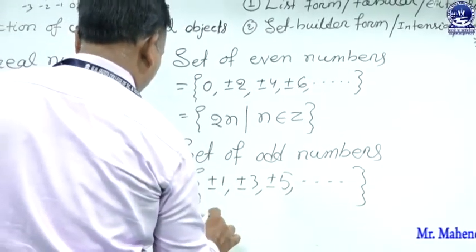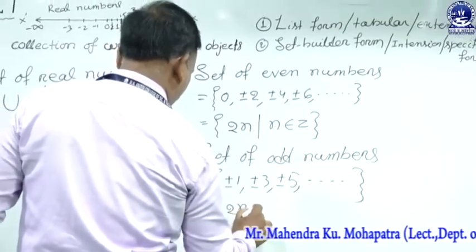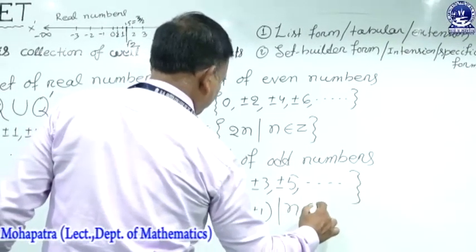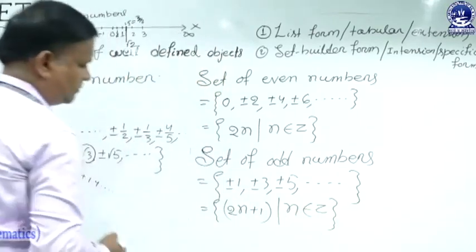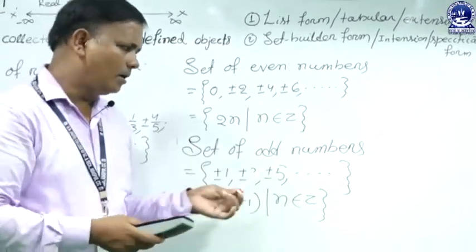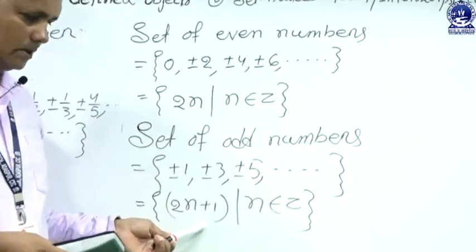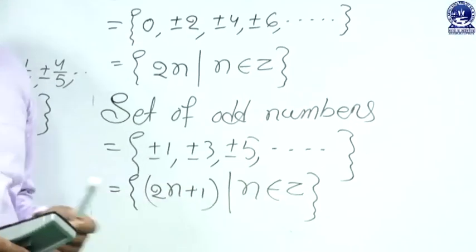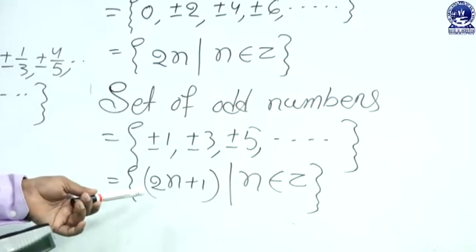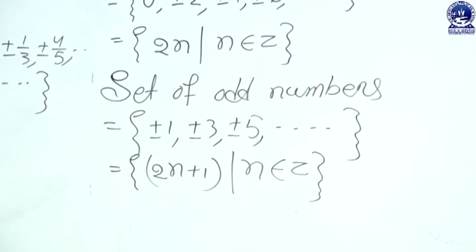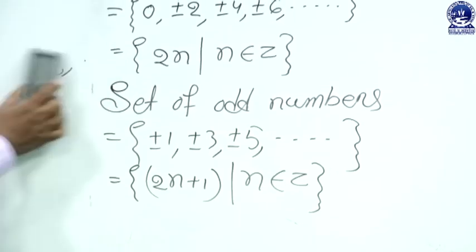The set builder form is 2n plus 1, so that n belongs to Z. That means any odd number can be represented in the form 2n plus 1, where n is an integer. So it is the set builder form of odd numbers. There are so many sets.